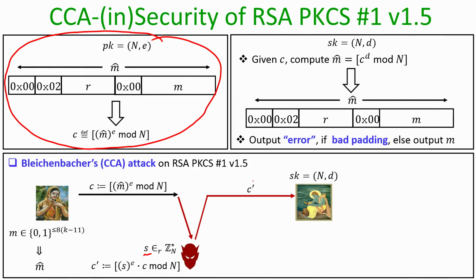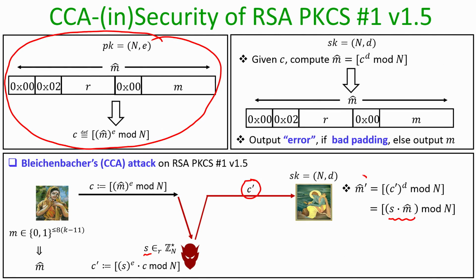It forwards c dash to the receiver, pretending that this message is coming from the sender, and waits to see the receiver's response. As per the syntax of this padded RSA, the modified ciphertext will be decrypted as c dash raised to power d modulo n, which gives the receiver the message s times m hat, not the actual m hat, because now c dash is not the encryption of m; rather it is an encryption of s times the padded element m hat.